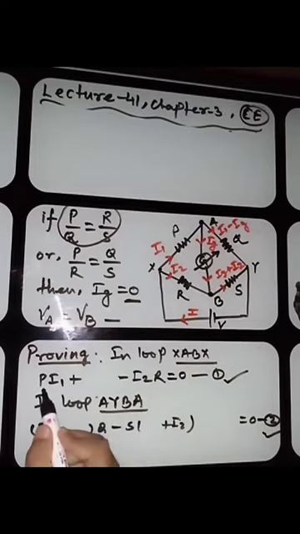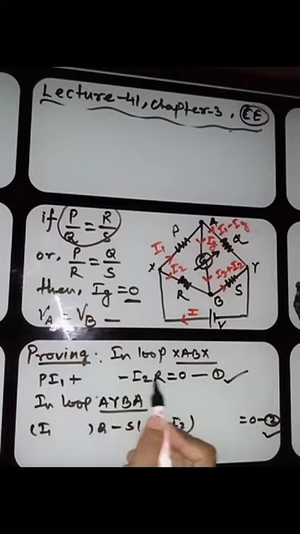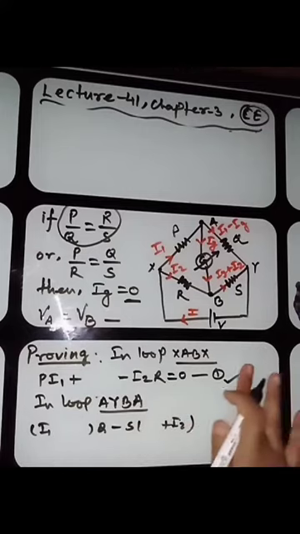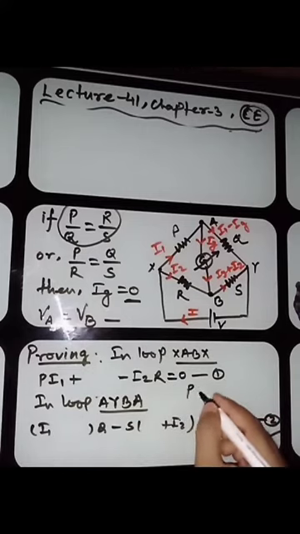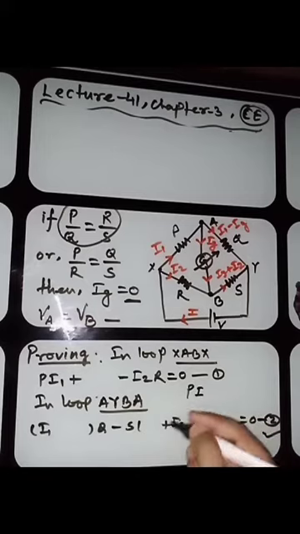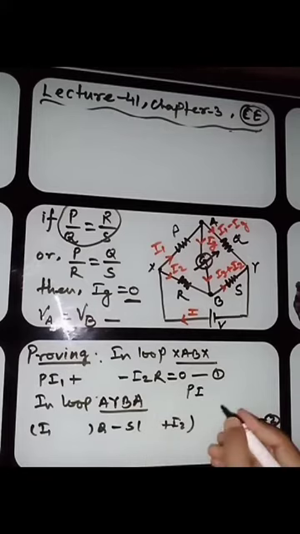Now you can see this also. You can see P I1 is equal to I2R. Remember, you will write this in the next steps. Don't erase it in my way.